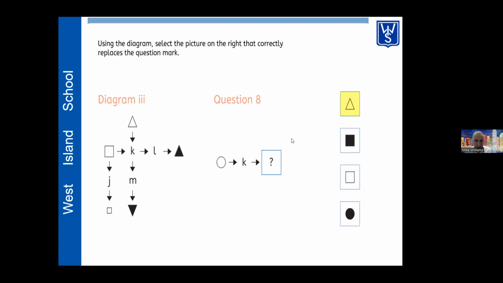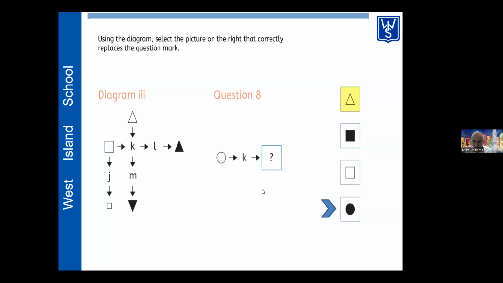So you've got to work out what K does. Oh, only one person going for this one. Hope everyone hasn't left. Correct answer. Well done. Number 4.